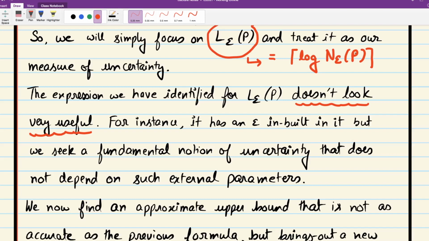It assigns shorter length sequences to symbols with large probability. However, this expression is still not very useful because, for a beginning, it has an epsilon built into it. There's some dependence on epsilon. And epsilon is some accuracy parameter. It's not a fundamental quantity towards measuring uncertainty in a random variable. It's just something that we came up with to have a mathematical formulation.